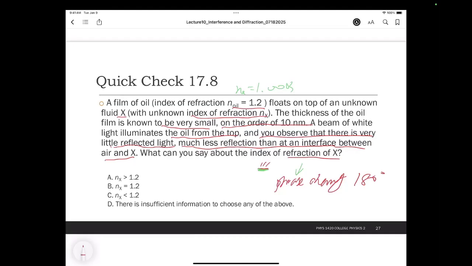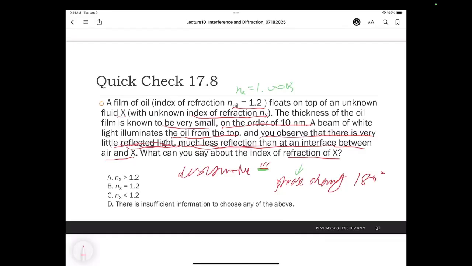Then the question asks what we can say about the index of refraction. Firstly, there is very little reflected light, which means destructive interference happens. Constructive doesn't make sense because there is very little reflected light.